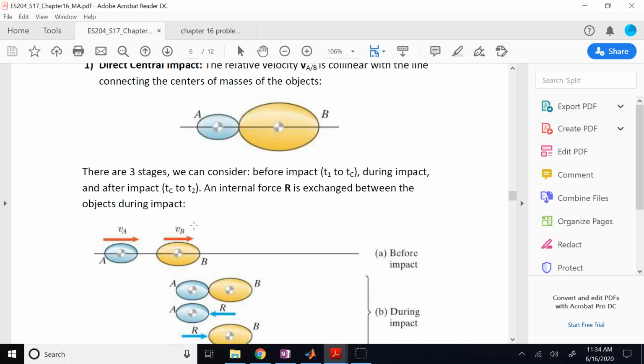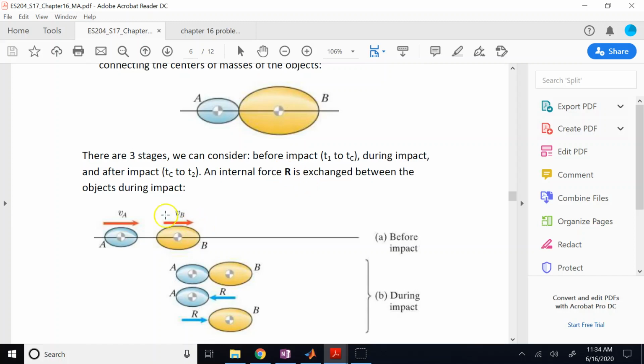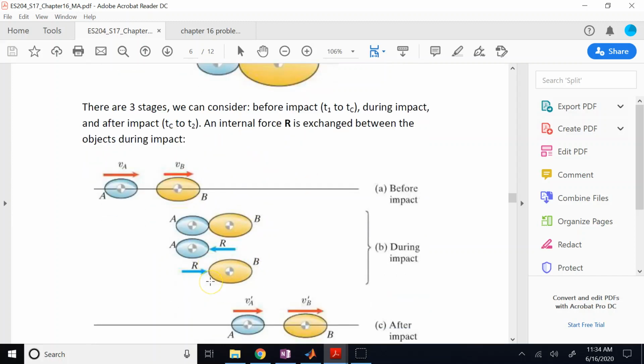So tc is exactly the time that the impact happens. t1 is a little before that, and t2 is a little after that. So here we are looking at two time ranges, t1 to tc and tc to t2, a little before and a little after impact. And R to be the impact force exchanged.